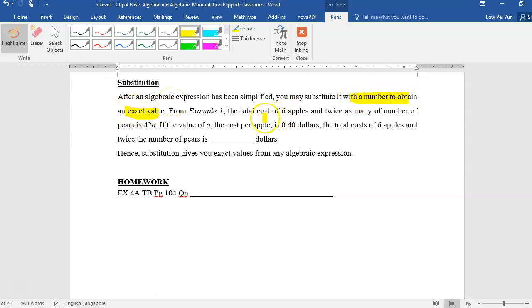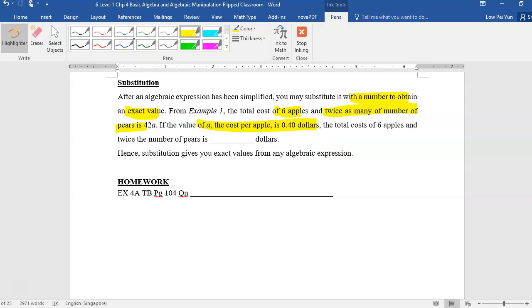So remember the example on 6 apples and twice as many number of pears. Now if the cost of one apple is 40 cents, how much will the whole set of fruits cost?